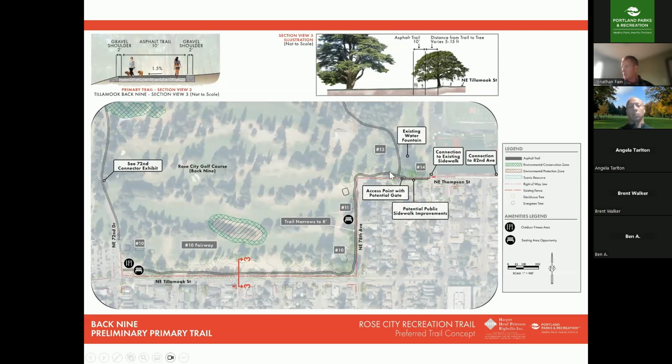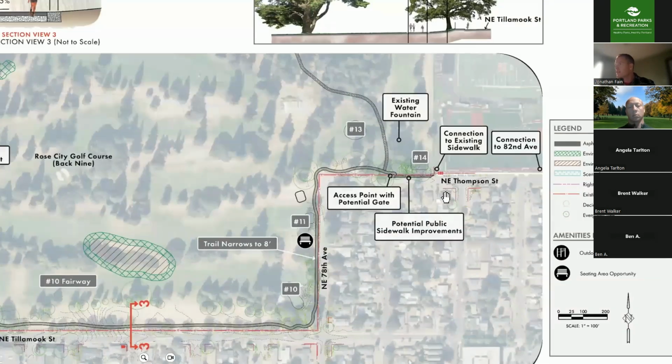As the trail curves around and comes over to Northeast Thompson Street, there would be an additional access point and perhaps even adding public sidewalk. We're working with PBOT. Let me zoom in here.